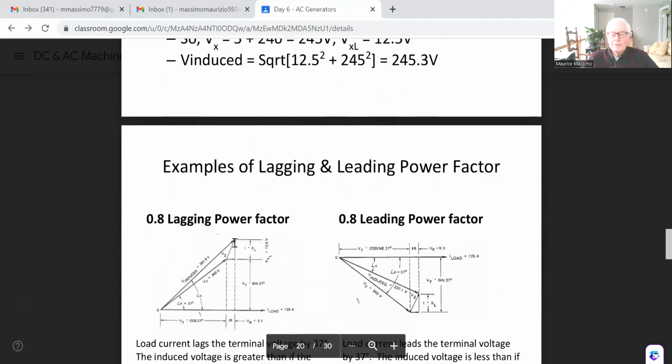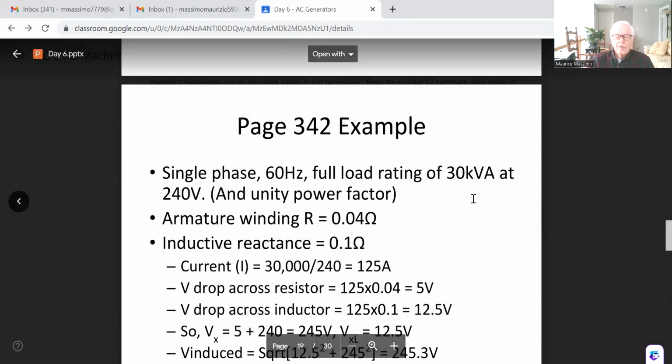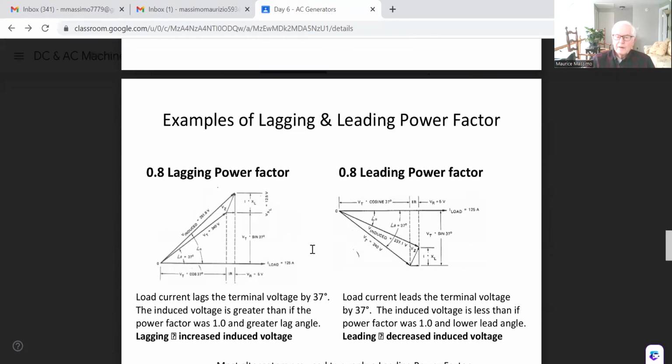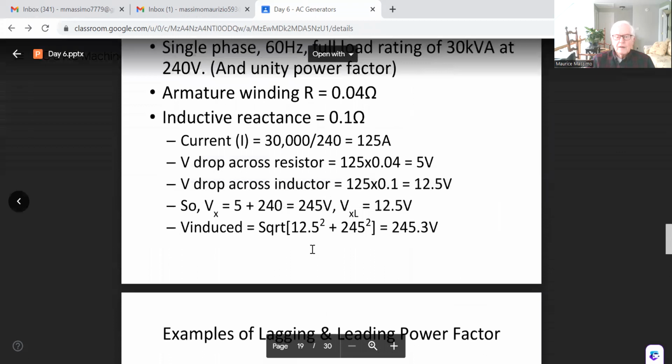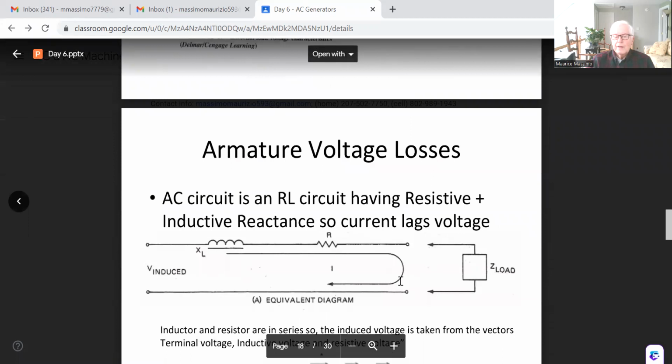So now we have to consider the power. How do we consider power? Well, we might have introduced a load with a lagging or leading power factor. So you've got additional power that needs to be considered using this particular array.